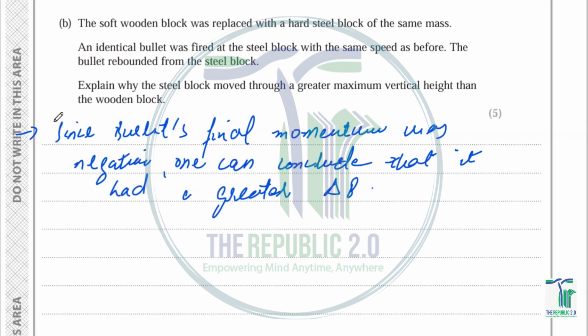And when it moved backward, what does that mean? The change in momentum, delta P, of the steel block would also be higher compared to the wooden block, because if the momentum has to be conserved and the bullet is moving back, the steel should have a higher momentum compared to the wooden block.